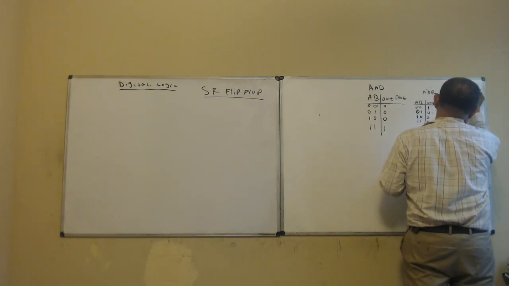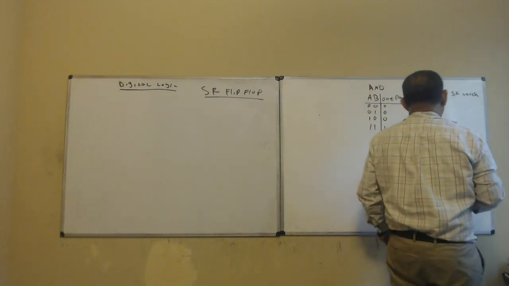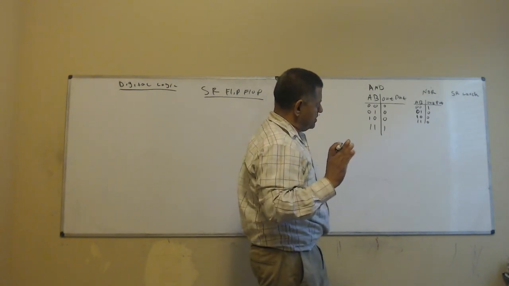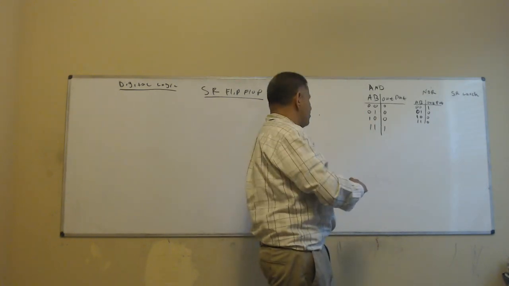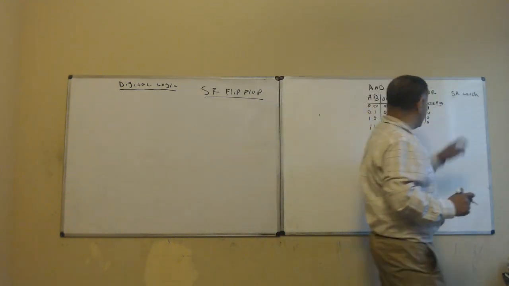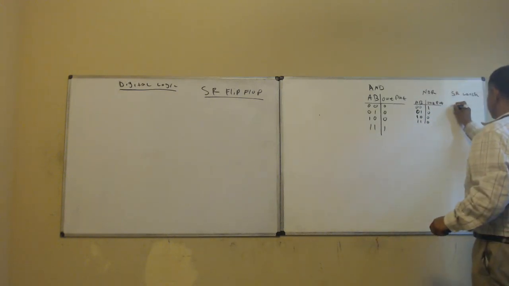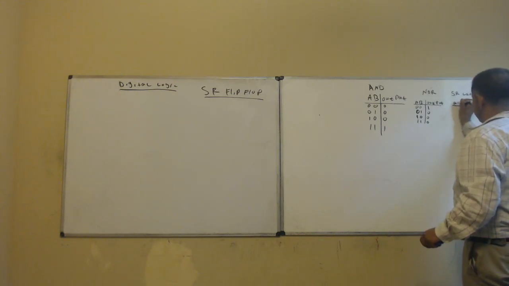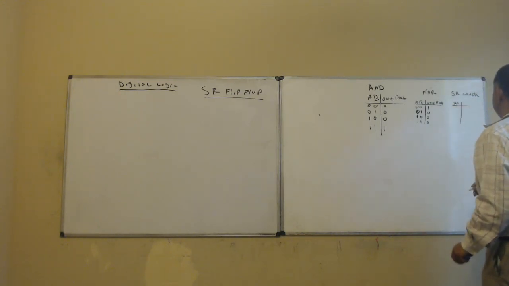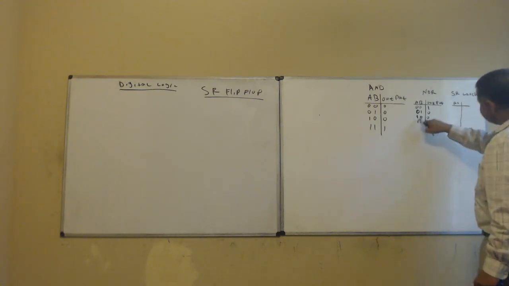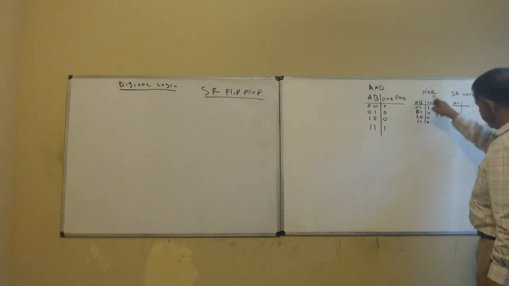If you didn't watch the last video, I suggest you watch it in order to understand this better, because I explained the SR Latch last time. The SR Latch was based on the NOR gate.